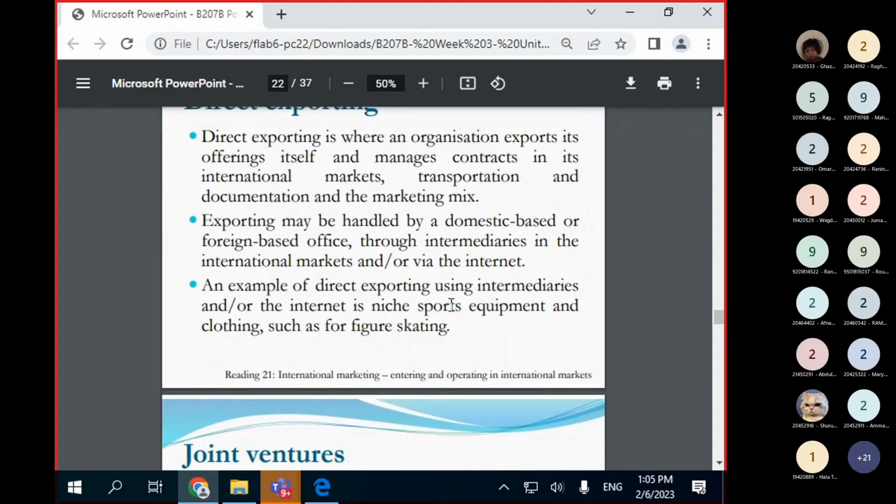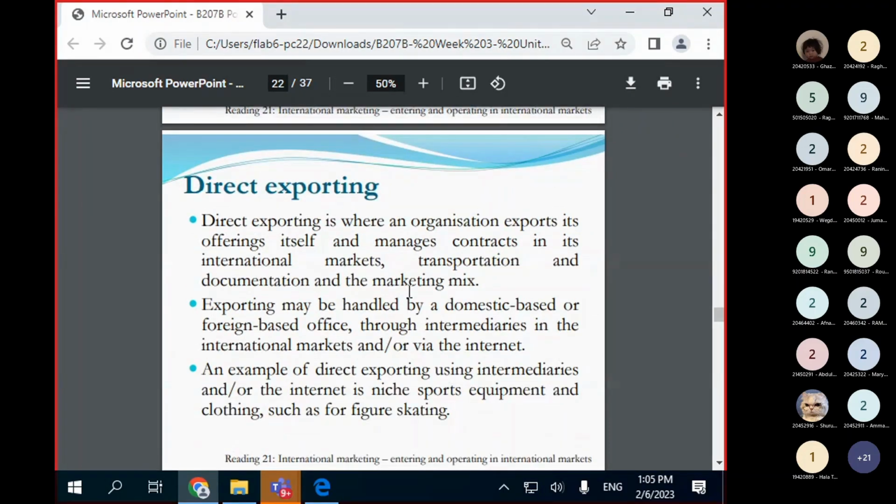The second is called direct exporting. So now you hire people to export your product. So you have a full department for exporting your product. Your company itself is exporting the product. This is why this time it's direct exporting.